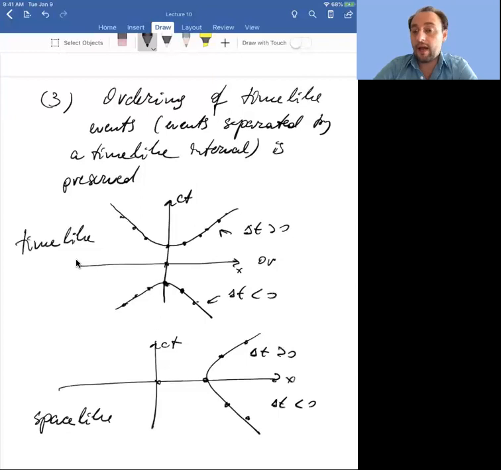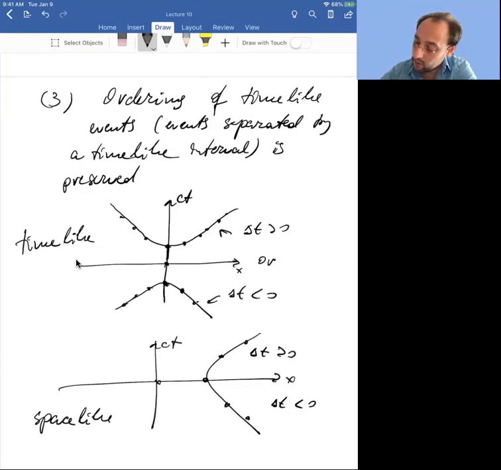Time dilation is obvious in these diagrams. If you have a time-like event, there exists a frame in which delta x between the events is 0. So here's your delta t. And we can see that for events that are separated only by time, where delta x is 0, delta t is smallest.